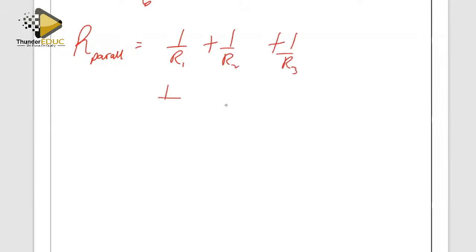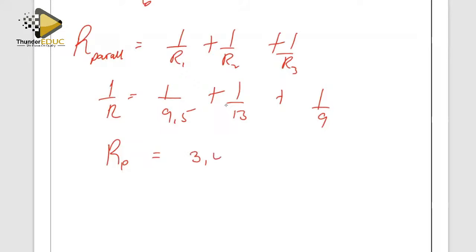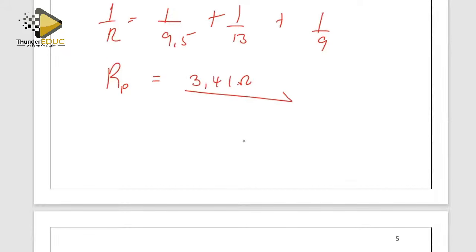It's going to be 1 over 9.5, 1 over 13, plus 1 over 9. When I flip it around and find my R of parallel, this gives me 3.41 ohms.